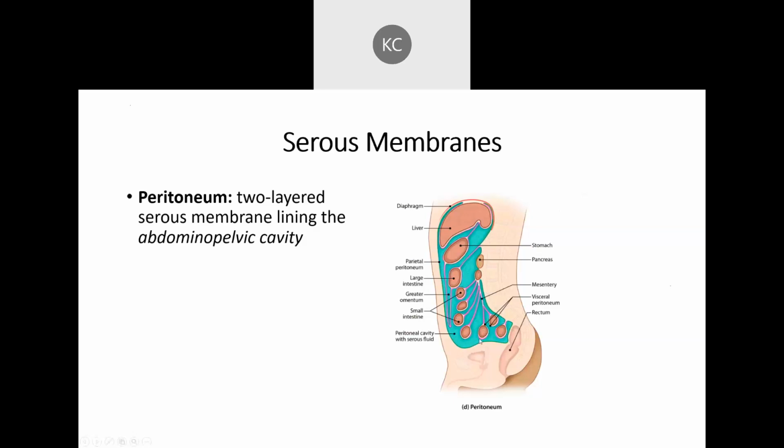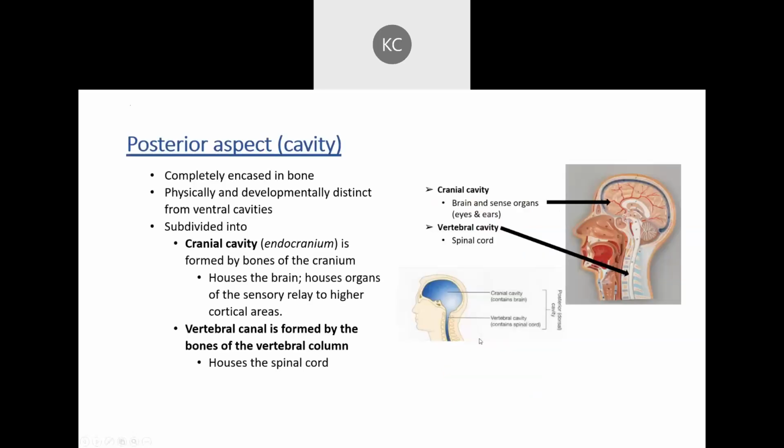All right. So if we look here at this posterior cavity, we also have the brain and the spinal cord. We talked about the thoracic cavity with the heart and lungs, we just talked about the abdominal cavity with the digestive viscera, and now you have the posterior cavity. So this is the cranial cavity and the vertebral canal or the spinal cavity.